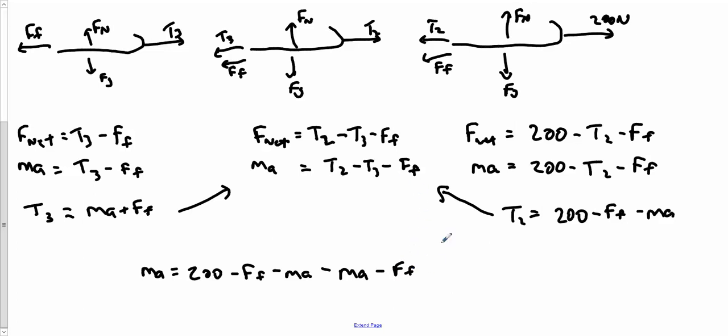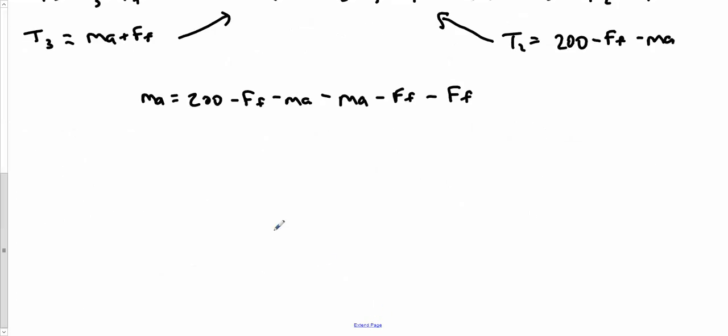And then minus the force of friction. So once again, I've got MA equals T2, and I wrote all of this, 3 terms. Then I'm going to take away T3, which means taking away this and that, and there are those terms right there, and then I still have this last force of friction.